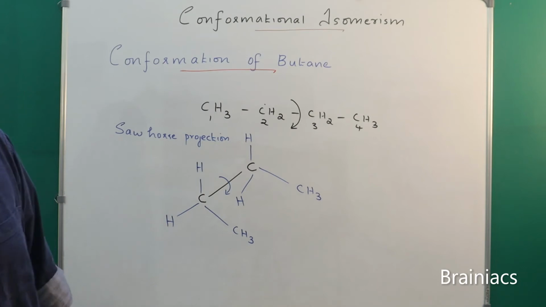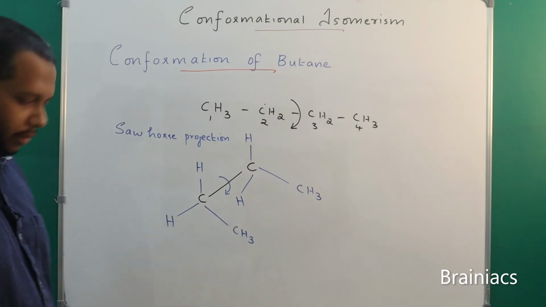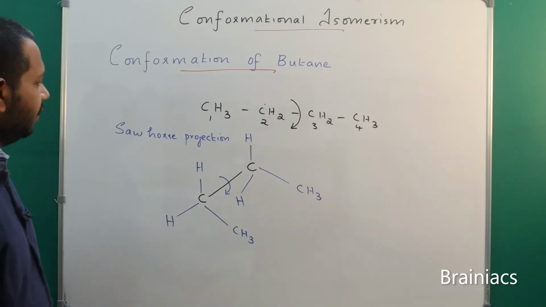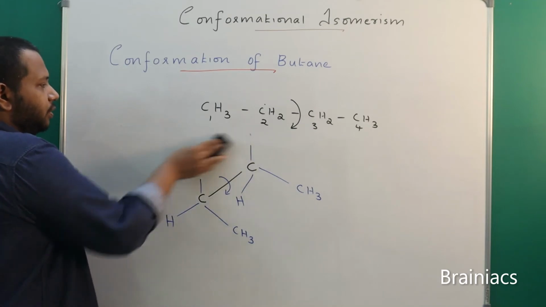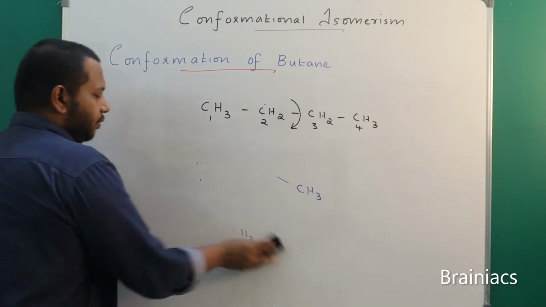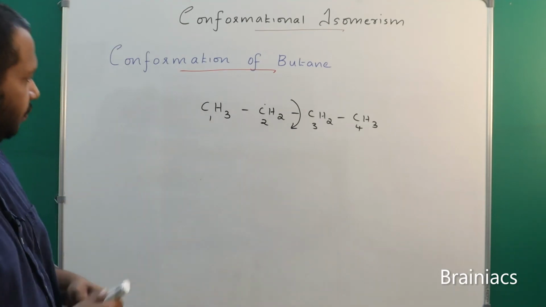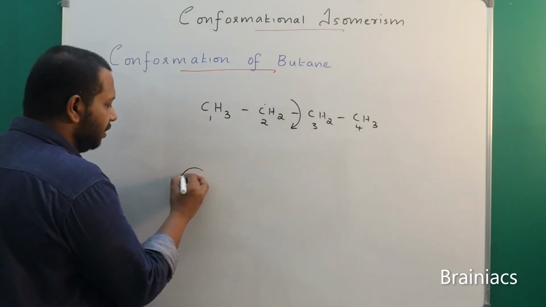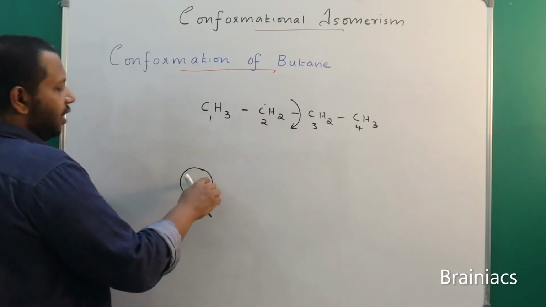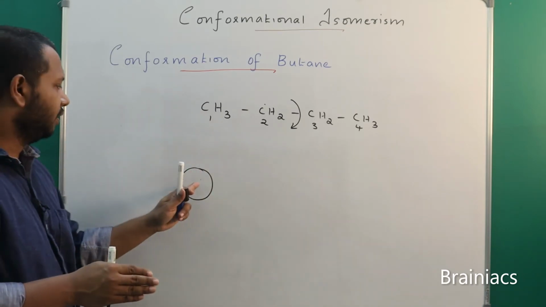Let's see how it looks in Newman's projection. Let me redraw it in a Newman's projection formula. We will draw a circle. This represents the front carbon, and on the back side of it there is another carbon.